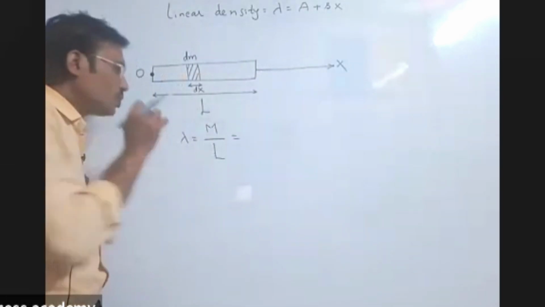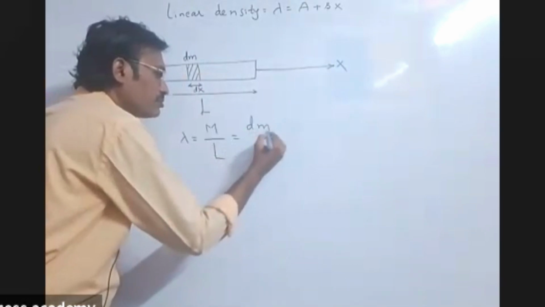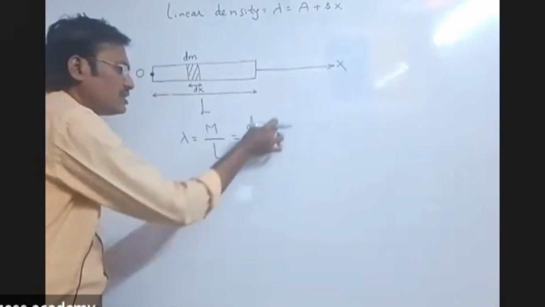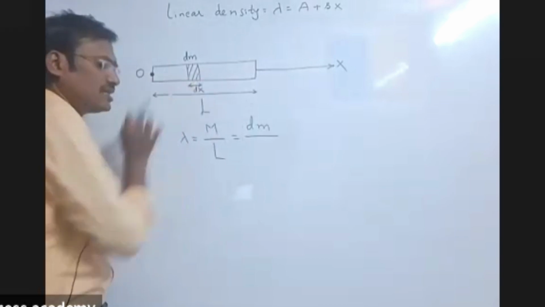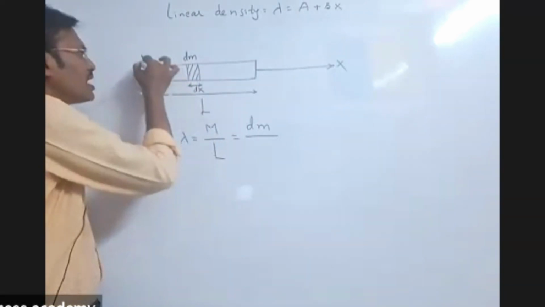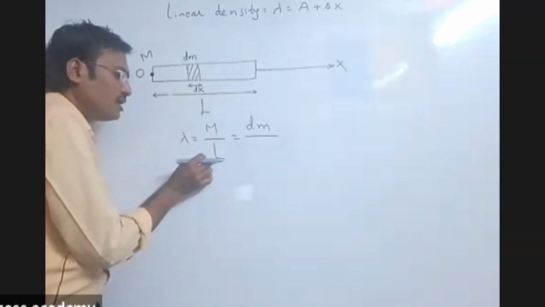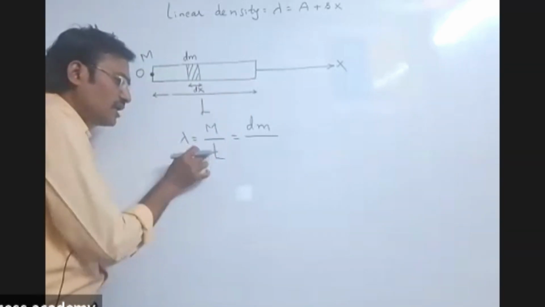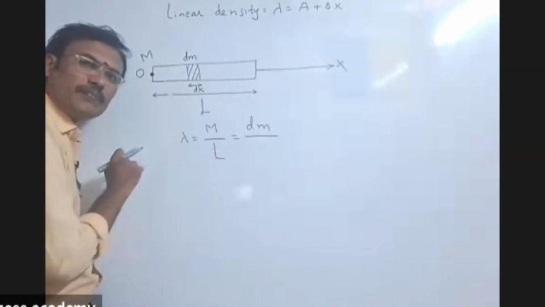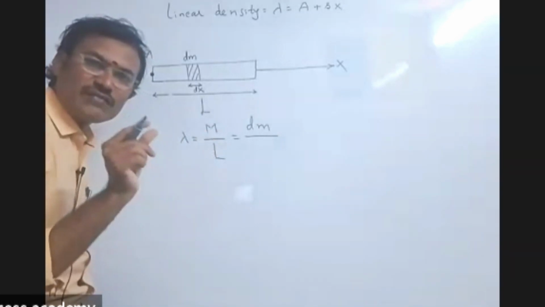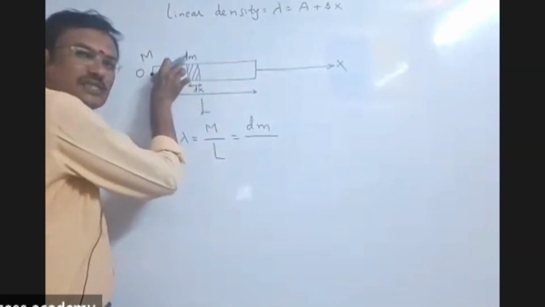Are you getting? So in the place of mass, I am replacing it by dm, and in the place of length, this dm mass distribution is considered along the dx length. Capital M is the mass distribution taken along the total length of the rod L. In the small region of the length of the rod, dx, what is the small amount of mass?